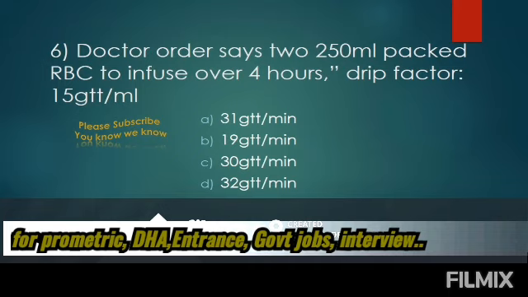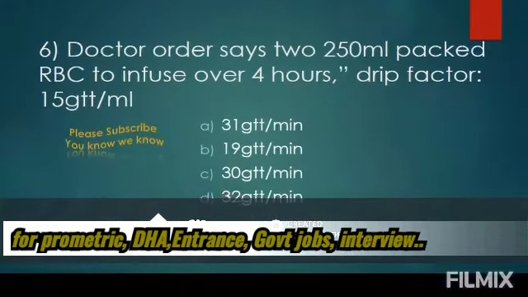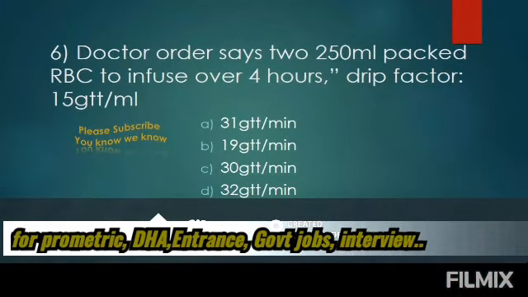So how can we do it? Here there is a tricky question. Doctor order says 2, in the sense 250 ml plus 250 ml, that is 500 ml packed RBC to be infused over 4 hours, 4 to be multiplied by 60 minutes, completely to be multiplied by the drop factor 15 GTT.